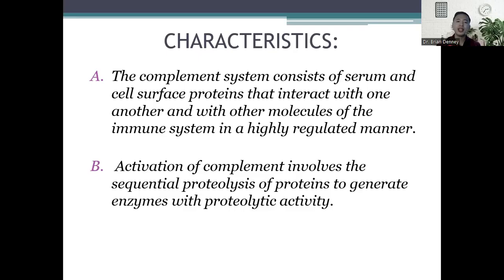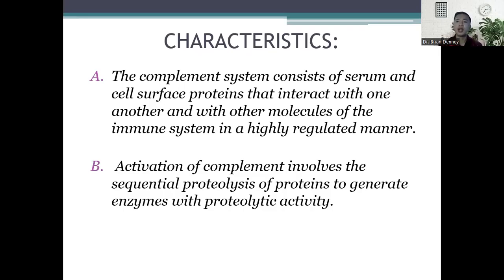It involves sequential proteolysis. So let's start with sequential. The term sequential would actually mean in order. Kindly repeat that. Everyone say in order.